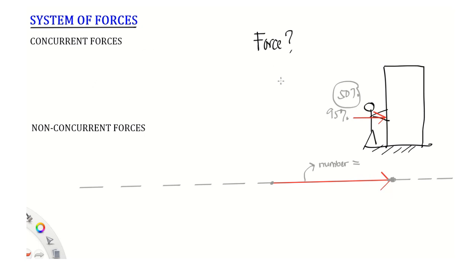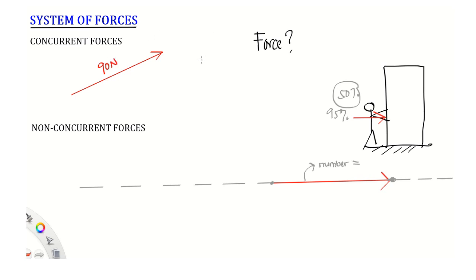Now, before we proceed, let us go to this. What are concurrent forces? Concurrent forces are basically like this one. If you have this force acting on this point, let's say the magnitude of this force is equal to 90 Newton, because force is measured in Newtons in the International System.